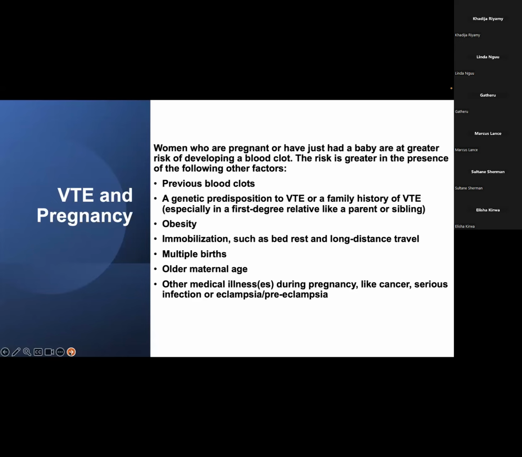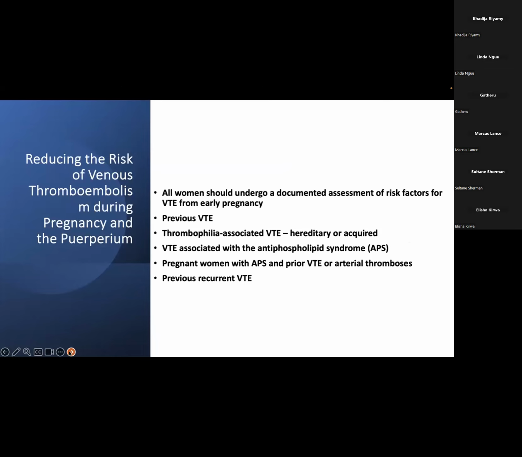Other medical illnesses during pregnancies like cancers and serious infections, or even eclampsia and preeclampsia, can predispose to VTE. All women should undergo a documented assessment of risk factors for VTE from early pregnancy.